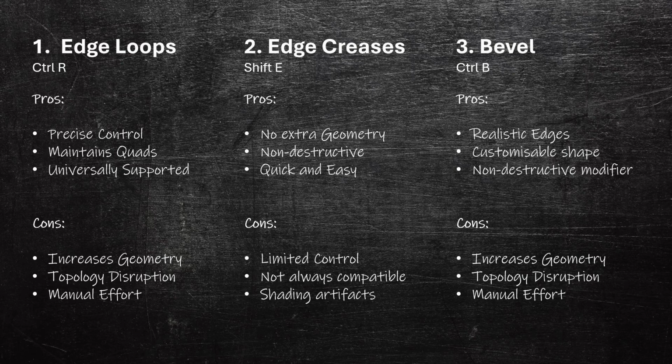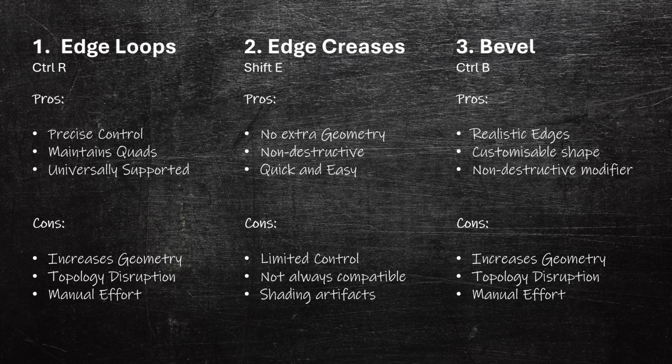It can therefore cause some disruption to your topology, particularly in corners. If you've got many corners all going to a certain point and you try to bevel all of those corners, you can create glitches. And it can be manual effort, particularly if you're doing it by hand, or even with the bevel modifier if you're using the weighted approach, you need to go in there manually and set your bevel edge weight.